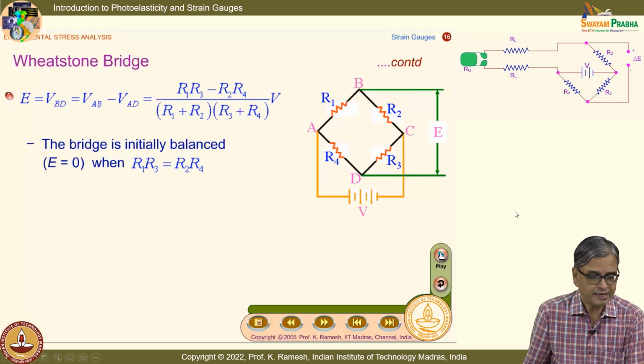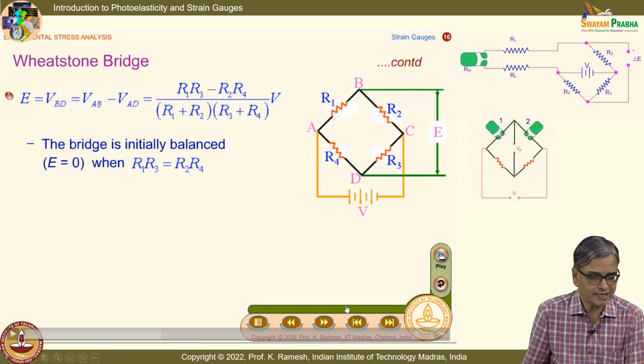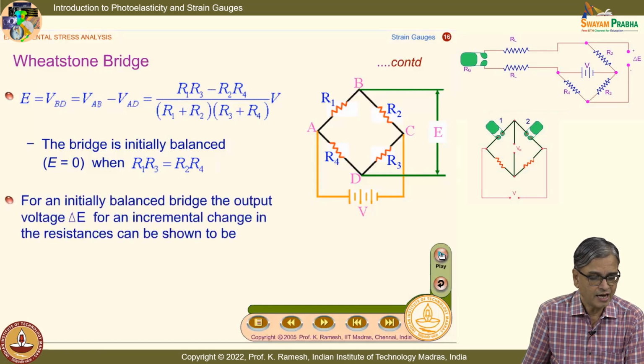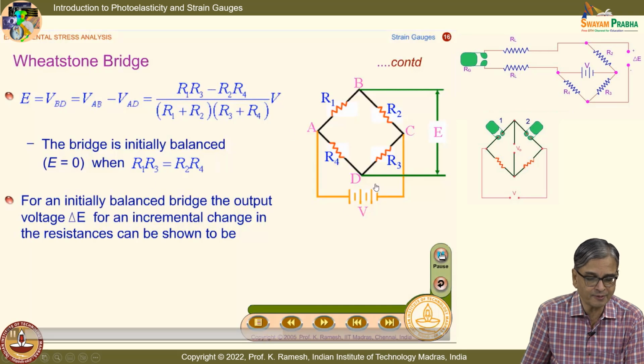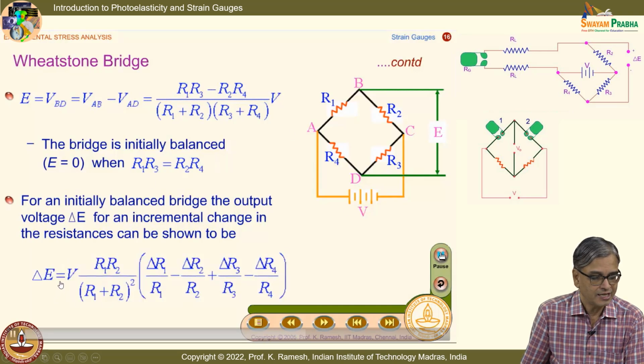And when I write this final expression, I have a very interesting relationship which tells me how I should use the arms of the bridge effectively. The change in voltage is related to V multiplied by R1 R2 divided by (R1 plus R2) squared.